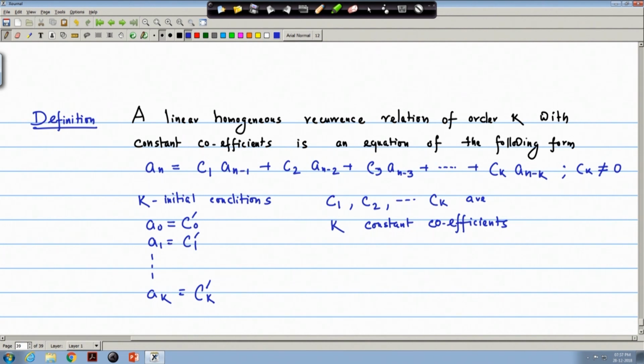So, we define linear homogeneous recurrence relations like that.